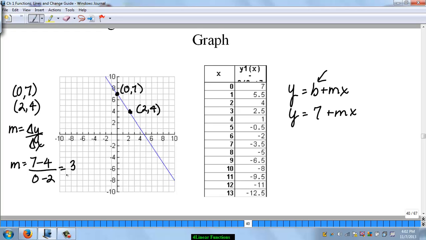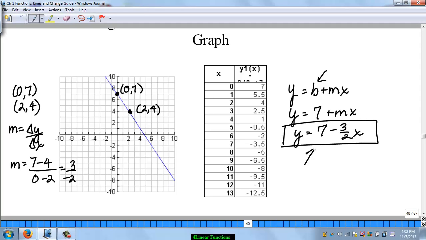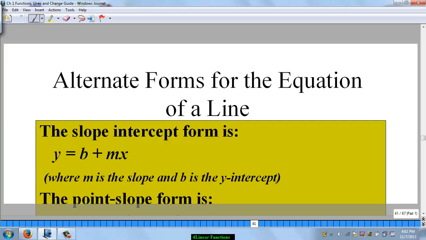So I have 3 over negative 2, or negative 3 halves. So my line is 7 minus 3 halves x. Okay? And you can always check this by graphing this yourself and looking at your table to see if those points are on there. You can always check by graphing. That's the beauty of doing this. You can do the algebra to show.